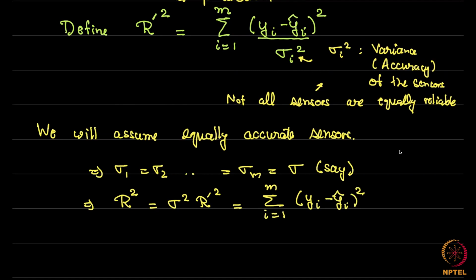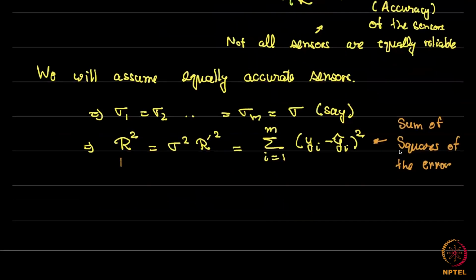So this is simply the sum of squares of the error. This r is called the residual. R stands for residual. Why have we put square? Just to emphasize that this is actually a positive quantity.